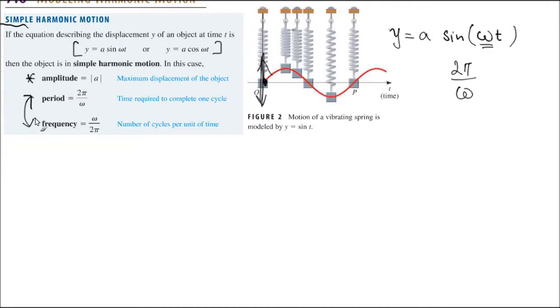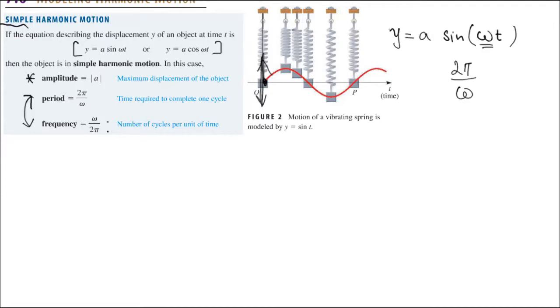If you have a period, how do you calculate frequency? Right, reciprocal. You see that? Omega over 2 pi. But if it is moving really quickly, frequency is a better magnitude to deal with than a period of 0.002. So if it is slow, they will describe it with the period. If it is fast, they will describe it with the frequency.